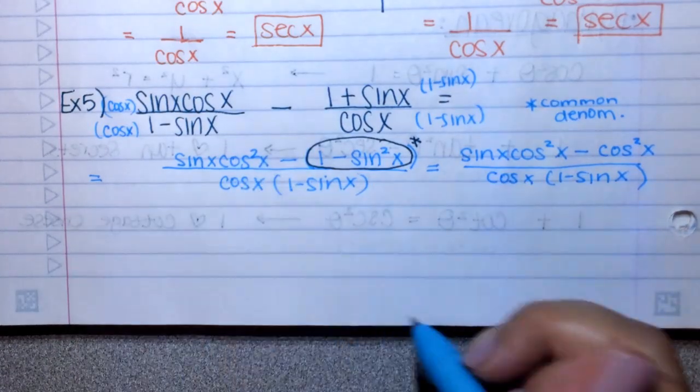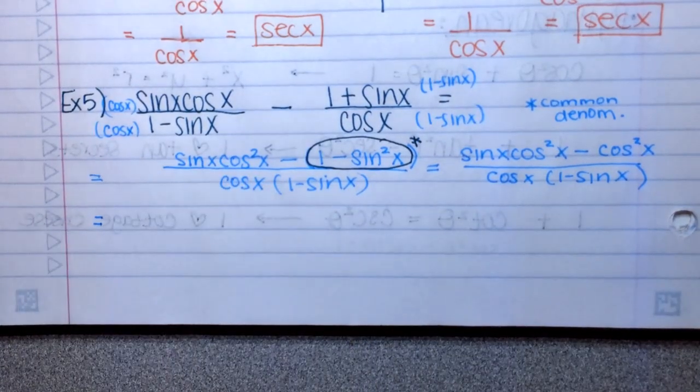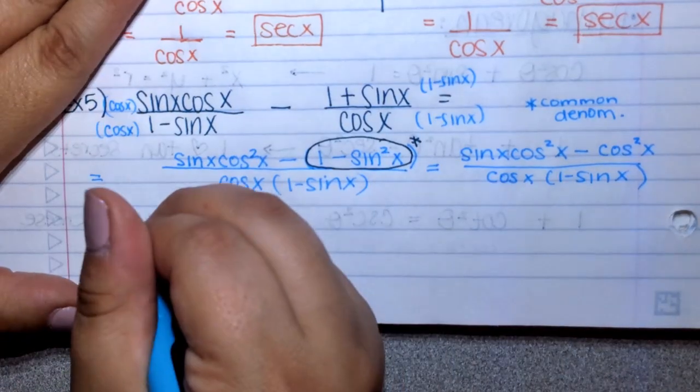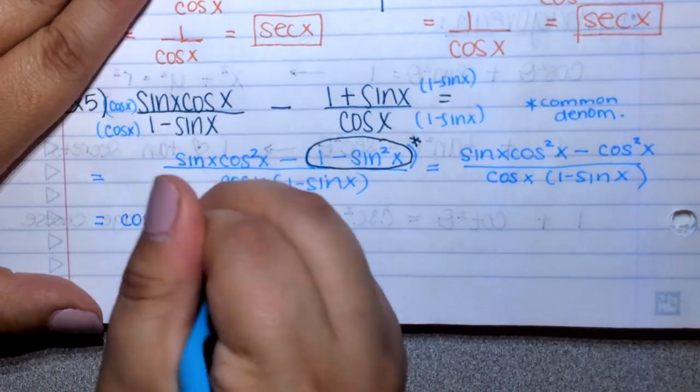I'm going to move down here. What can I do next? Can't cancel anything out. GCF. What do both of them share? Cosine squared x. I can factor out a cosine squared x.